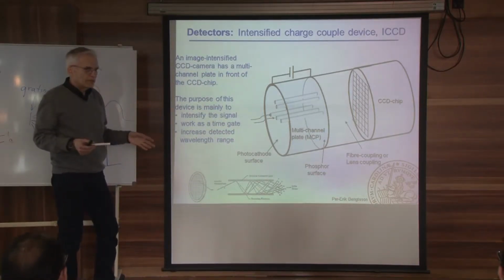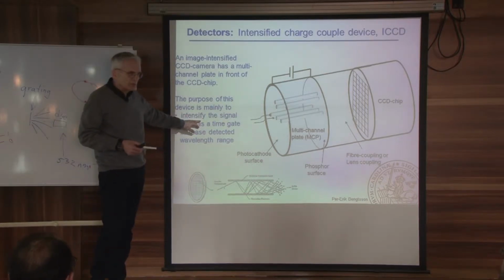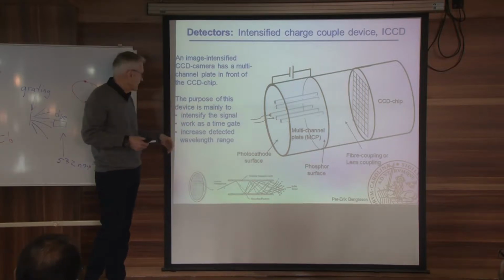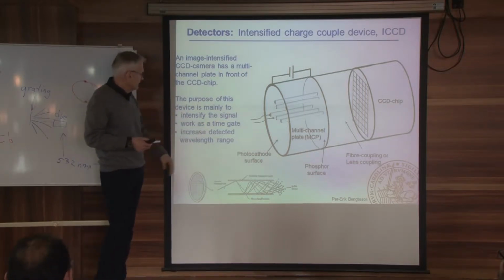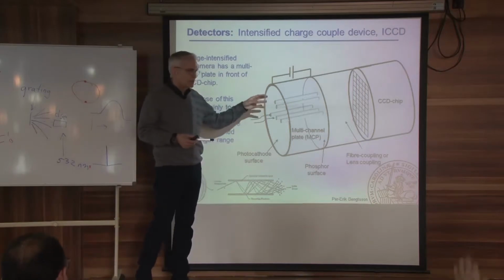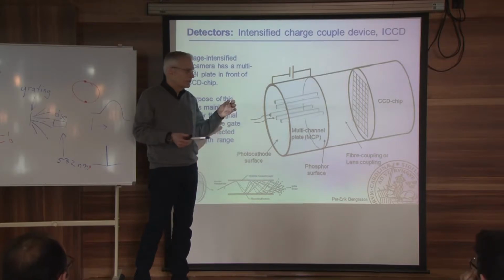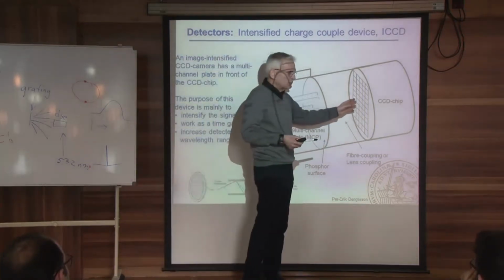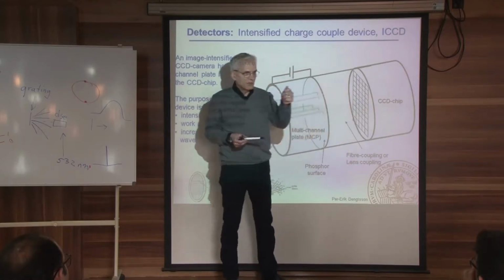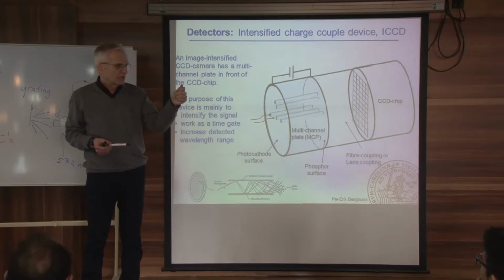And why do we need an intensifier? First of all, of course, we intensify the signals; we increase the signal strength. But the two other reasons why this is very important: in a normal CCD, you cannot gate the detector. You can have a shutter, but if you are using your mobile and looking into a flame, you get a lot of photons from the flame.